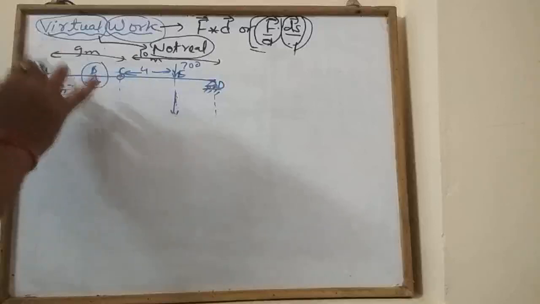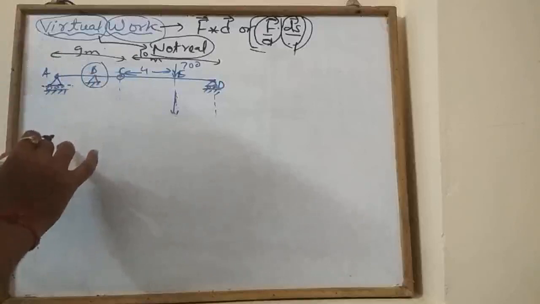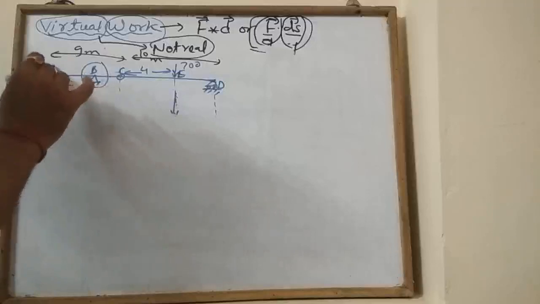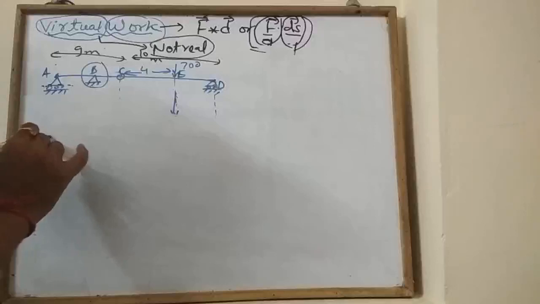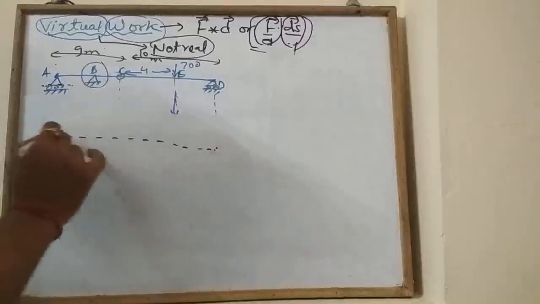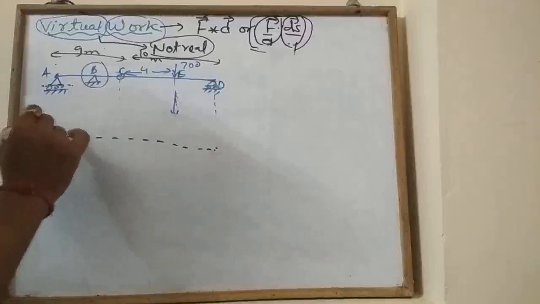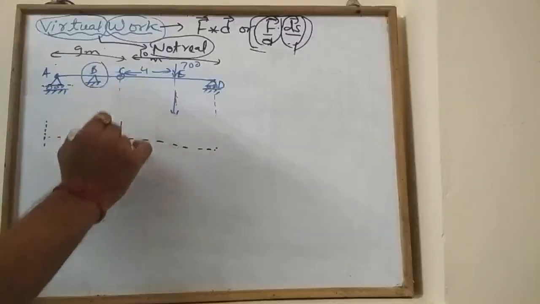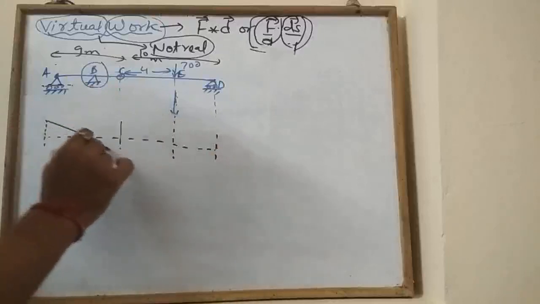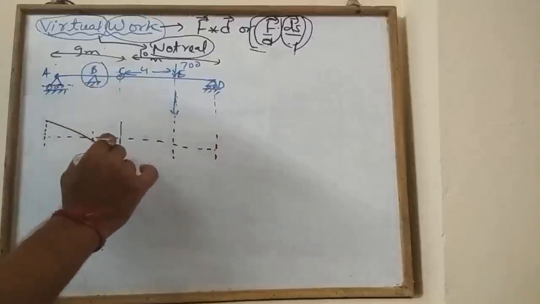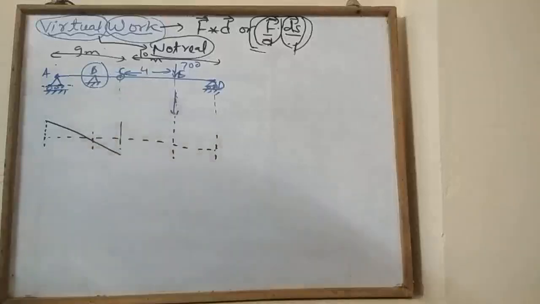Then only it will be possible to calculate the reaction at A. This is the beam, this is B, C, E, D. If A is displaced, then the beam will be like this.